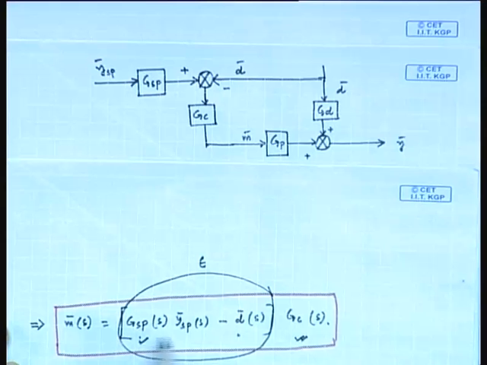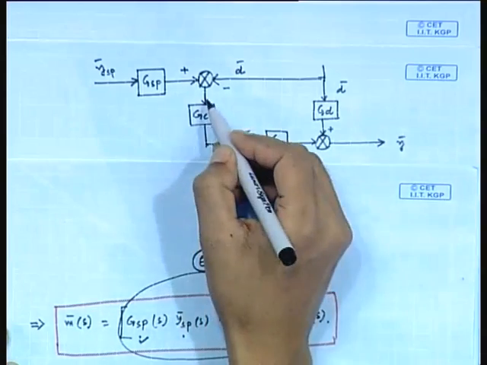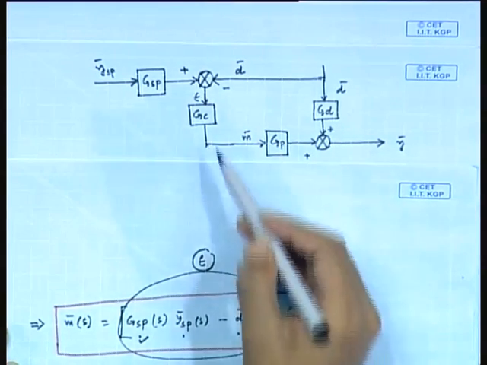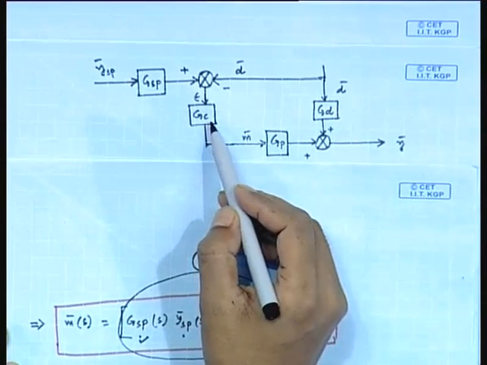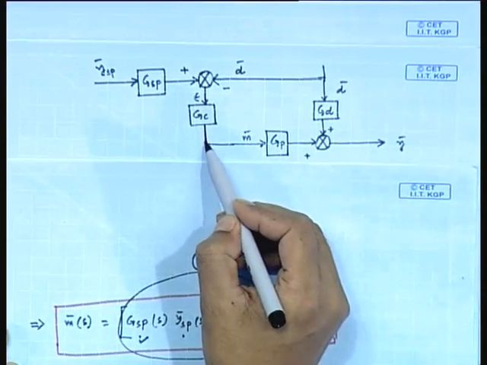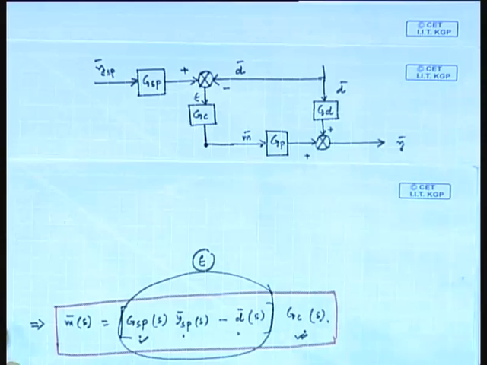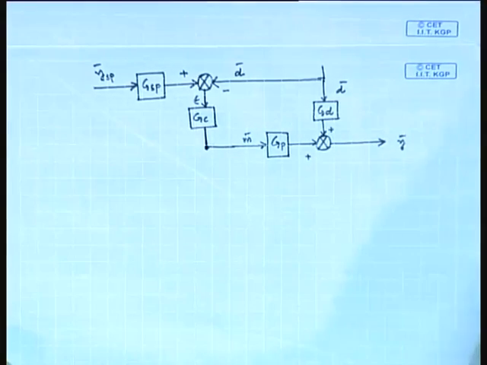So, we can consider GSP multiplied by YSP minus D as error signal. So, this is basically the error. Then this error is multiplied with GC, therefore, GC is placed here and this output signal of this controller is M. So, this is the block diagram of the feed forward control scheme. Fine.